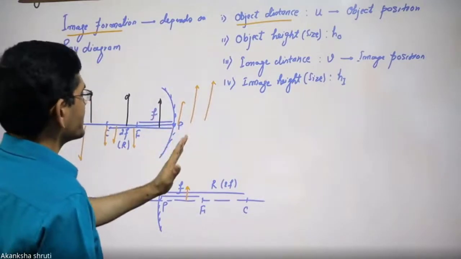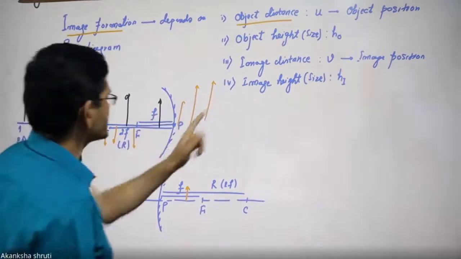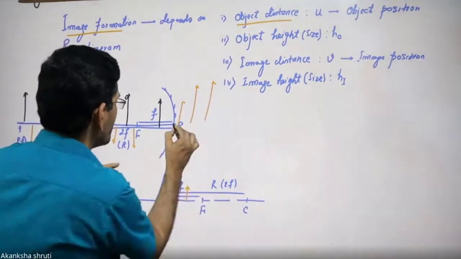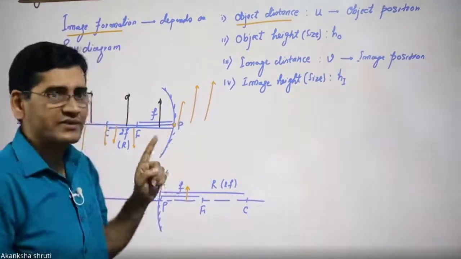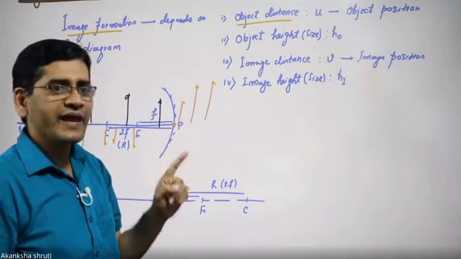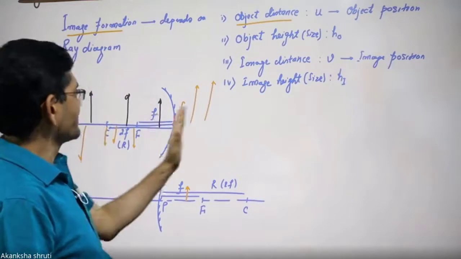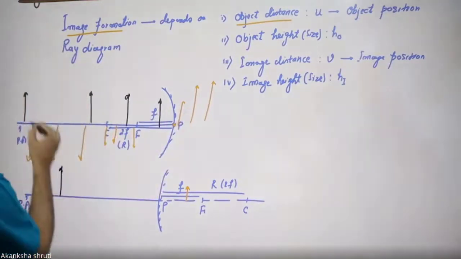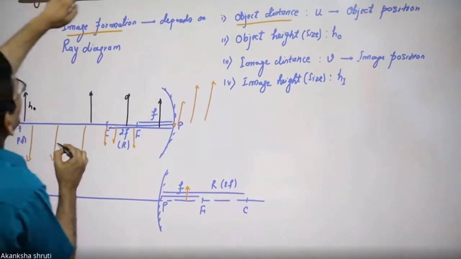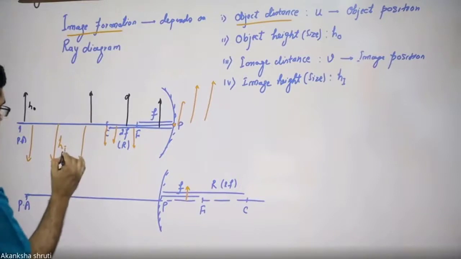Image distance means the position of the image, whether on this side or that side, measured with respect to the pole. So the pole is considered as the origin or the reference point from where the object distance, image distance, the height of object, or the height of image can be measured.